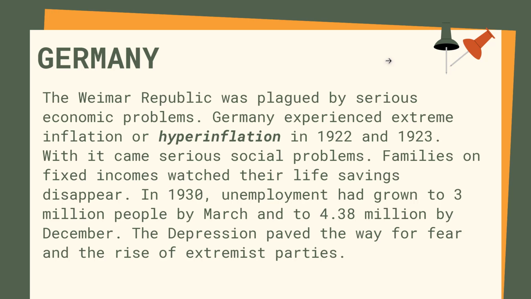Unemployment skyrocketed, as you see here, 4.3 million by December. And because of all of these problems, especially all of these economic hardships, people are going to turn to someone that is going to save them from this chaos and confusion. And that is what led to the rise of extreme parties and dictatorships. Okay.